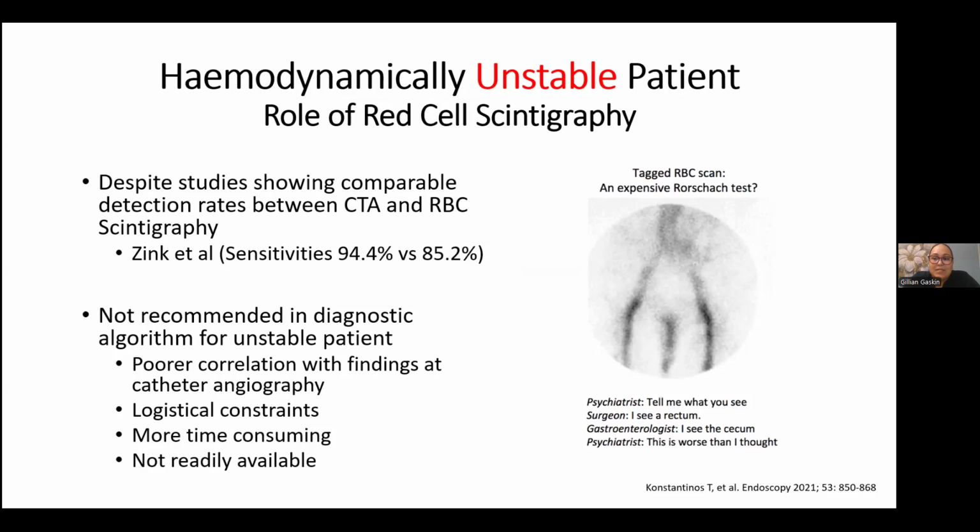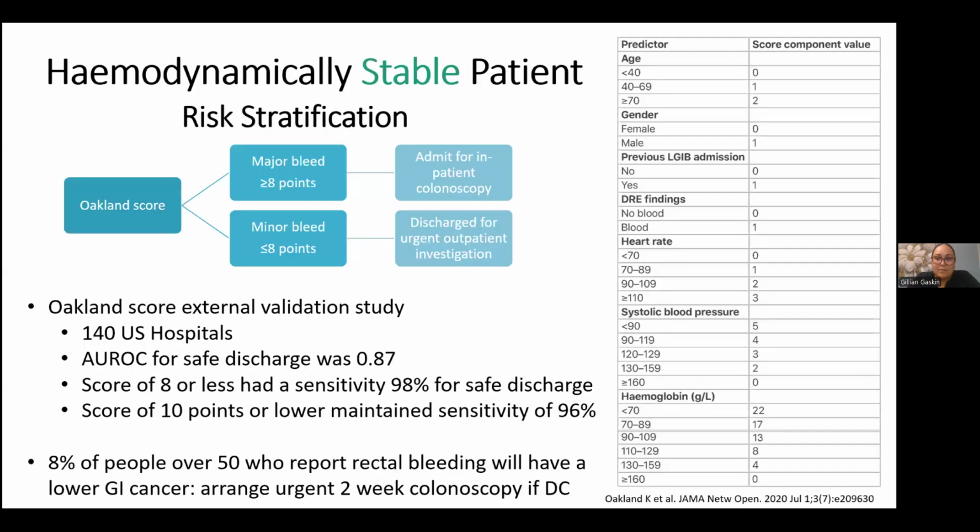And this time delay to diagnosis will then obviously result in a time delay to embolization. Other logistical constraints, including tracer availability and limited institutional access, are some of the reasons why it's not advocated for in the hemodynamically unstable patient.